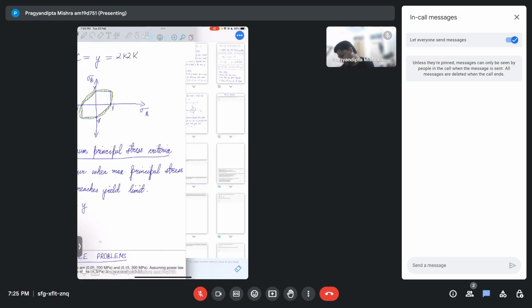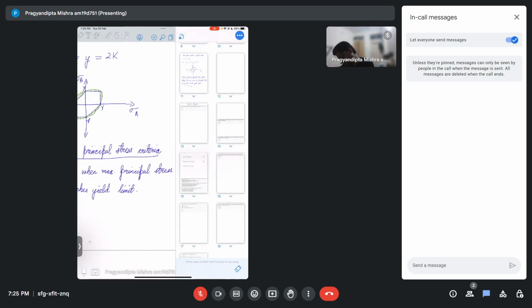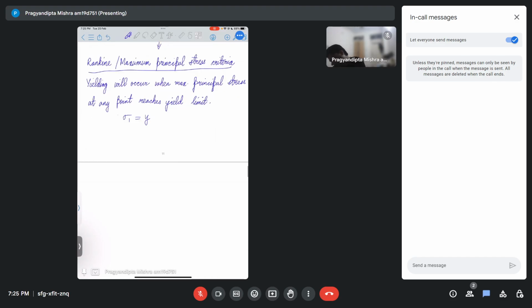I'll write it down. So essentially, this is defined for failure and not yielding.